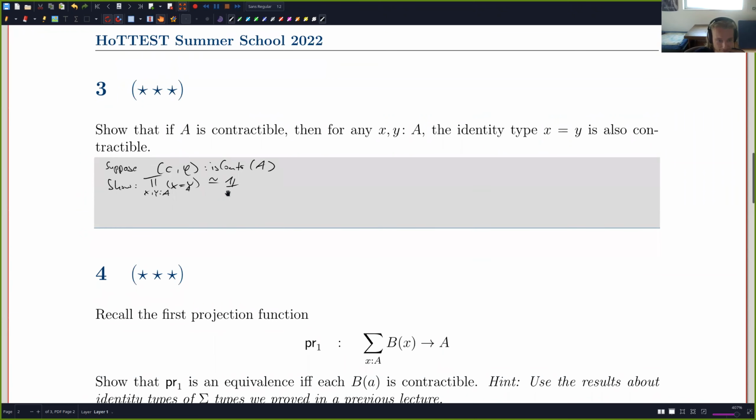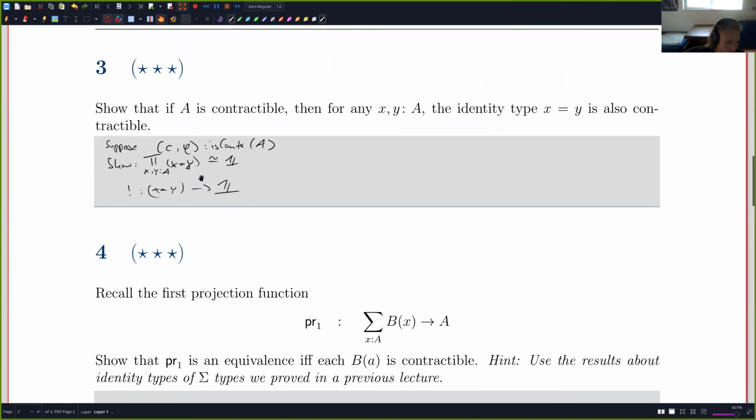And all right, so let's assume we have some x and y in A. Then there is only one map from x equal to y to the unit type. That's usually noted by a bang, and that's also const star.